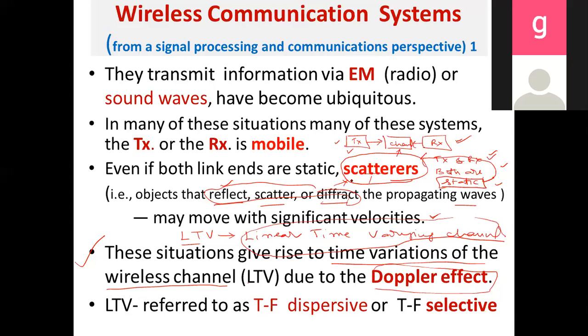Because of these scatterers, there will be variation in time of the wireless channel, mainly due to the Doppler effect and time delay spread. Both are there, and we call the channel which causes the delay spread and Doppler effect at the receiver an LTV channel, a linear time varying channel.